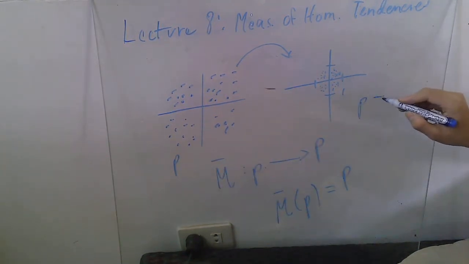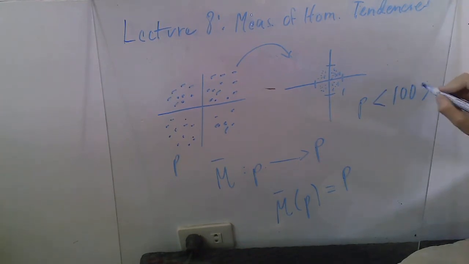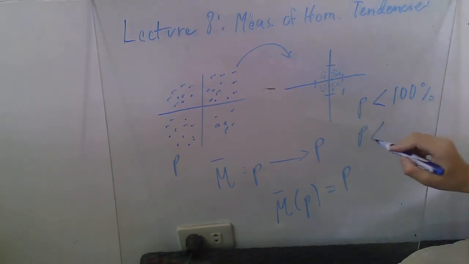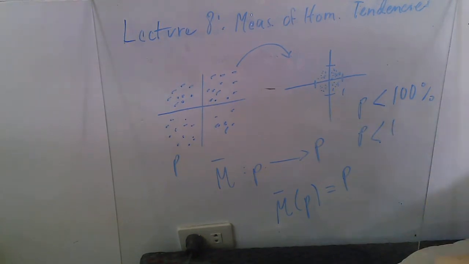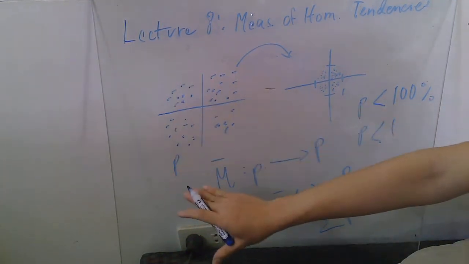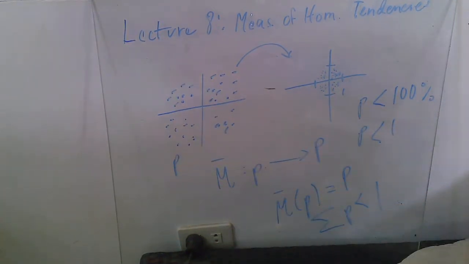P cannot exceed 100%, or in decimal form, P cannot exceed 1. And likewise, sums of P must be less than 1. If we have various percentages, their sum must not be greater than 1.